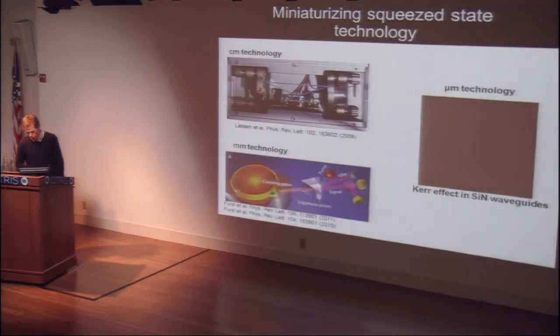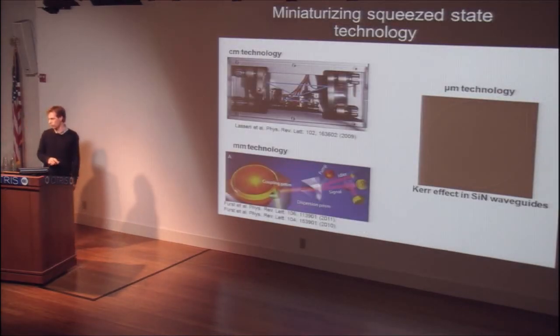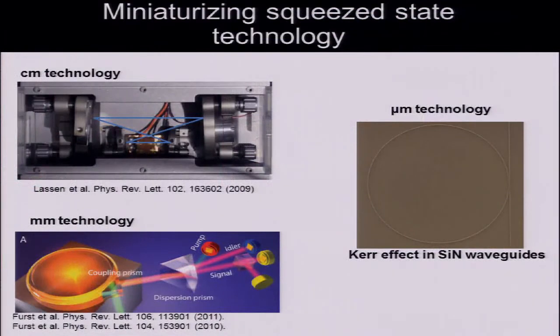So now we want to try to miniaturize the source for commercial deployment. So what we're using now is this centimeter-sized technology for our squeezers, for our optical parametric oscillators. So this is like 20 by 10 centimeters or so. So it gives some very nice squeezed states, but it's quite big. It's very bulky.